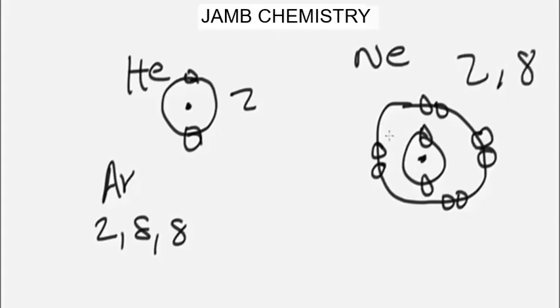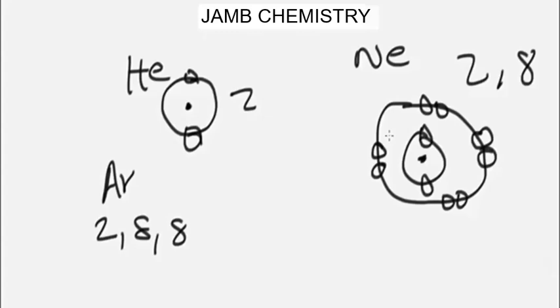Because their atom shell is completely filled with electrons, the elements are said to be stable. Note that the essence of the reactivity of elements, metals and non-metals, is basically for stability. They are fighting for stability.